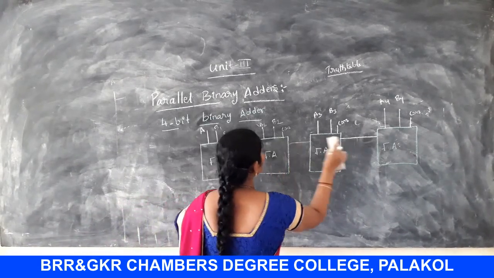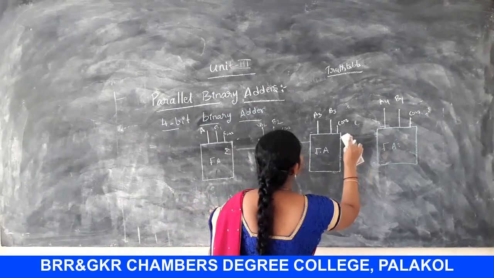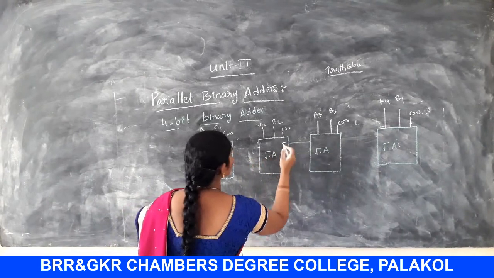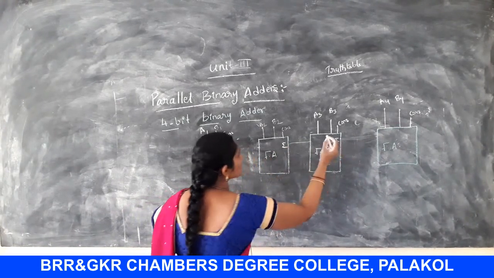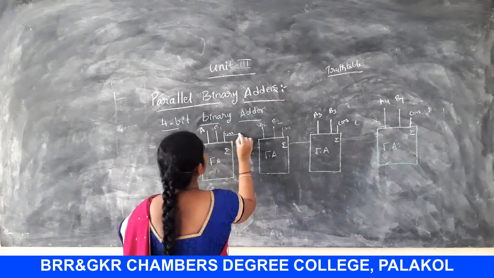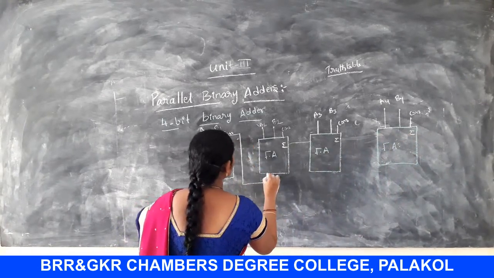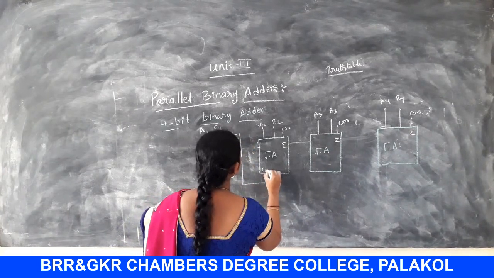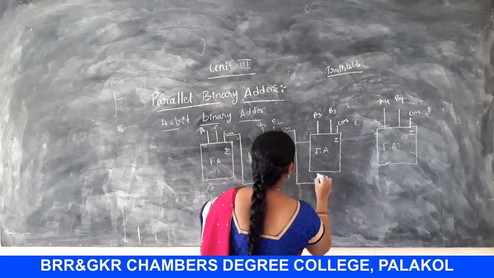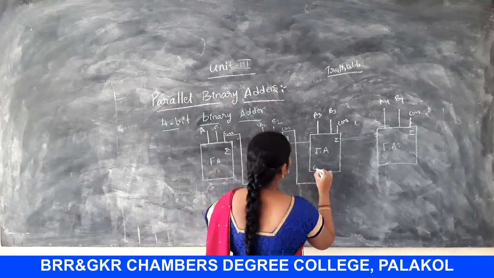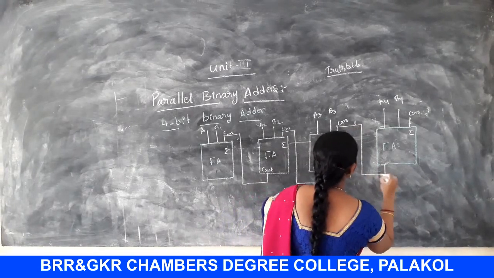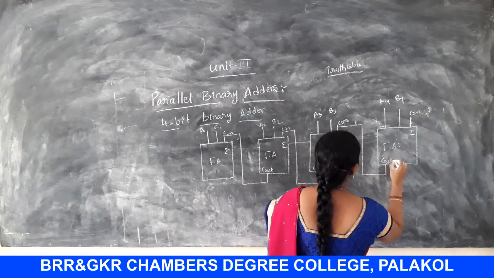First of all, you have to connect the carry bits. So here this carry is connected to this carry out, and also this carry is connected to this carry out, and this carry is also connected to this carry out.